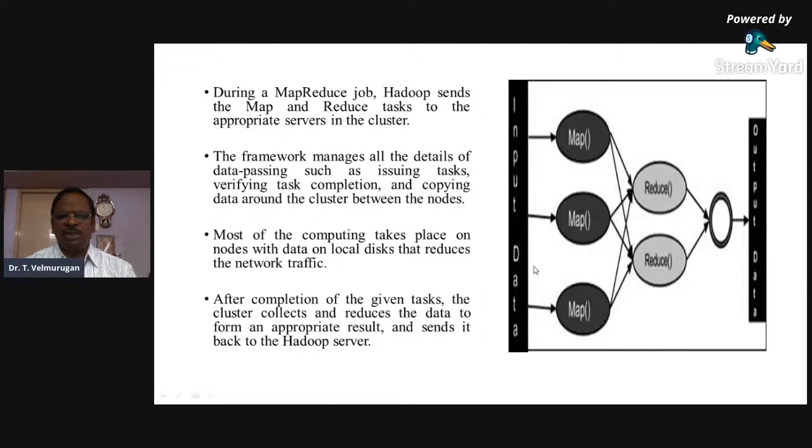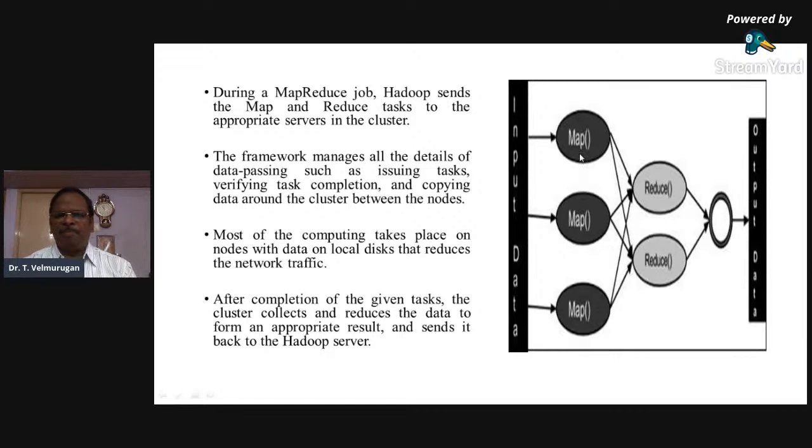Actually, you have to understand the input data. See the figure here. This is the input data. There are many mappers available. There are many reducers available, but the mappers outnumber the reducers. The reducers are fewer than the mappers. This is the main concept.